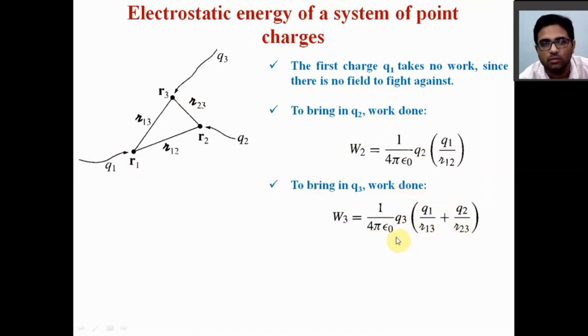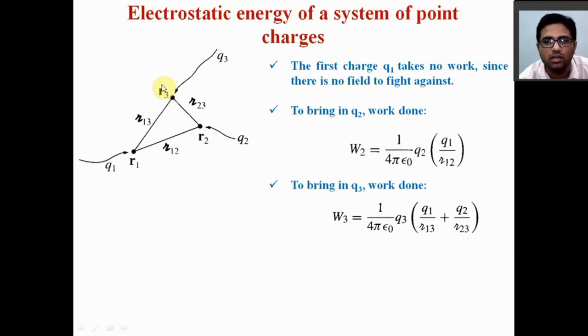Here 1 by 4 pi epsilon naught Q1 by R13 is the potential due to Q1 at Q3, and 1 by 4 pi epsilon naught Q2 by R23 is the potential due to Q2 at Q3.